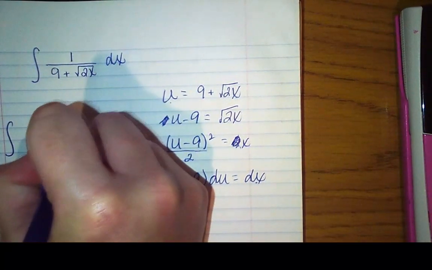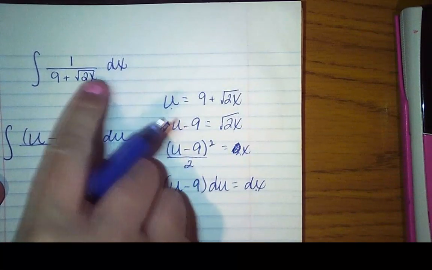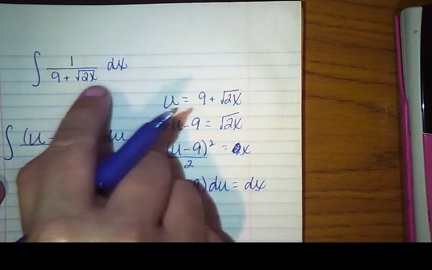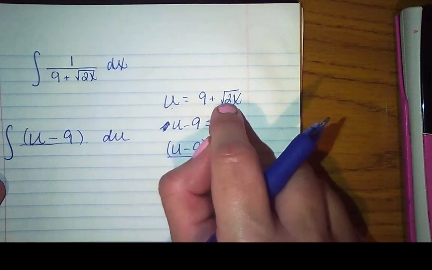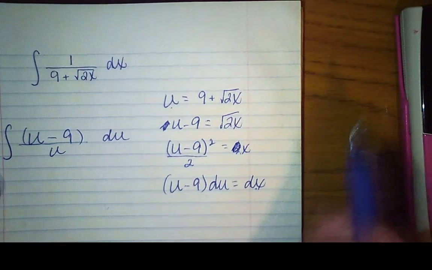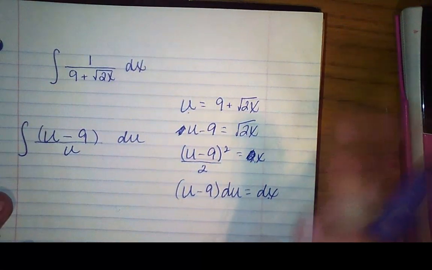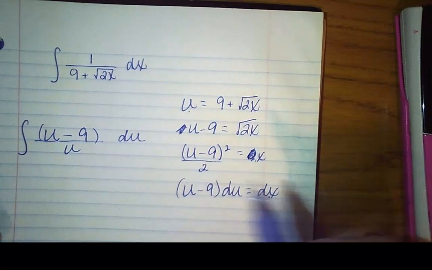Now I need the denominator portion. What is this portion equal to? That portion is equal to my u. So this is just u. This thing and this thing are equivalent to one another based on the substitution that I did. They look totally different, but they're essentially the same.